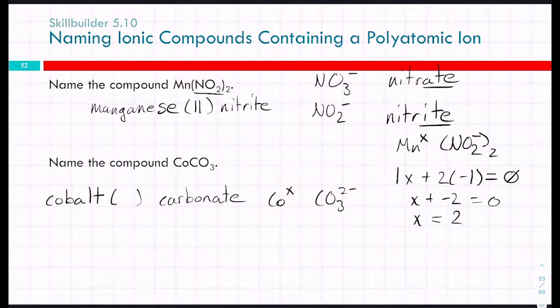Just based on this information, what is the charge on cobalt? If we have a 2 minus charge from carbonate, and we only have one carbonate and one cobalt, it's a 2 plus charge. Especially in simpler ones like this, where it's just 1 and 1, the charge of the cobalt has to be exactly the opposite charge of the anion, in this case carbonate.